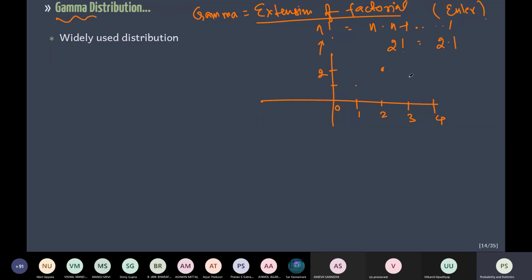And at 3 it's 6, so it's somewhere here, 6. So you have these discrete values, but can you provide some kind of interpolation, a continuous curve that defines values also for these intermediate real values? Can we do that?